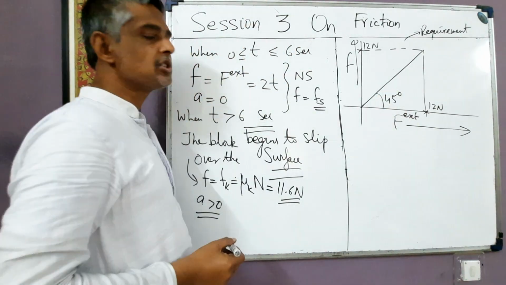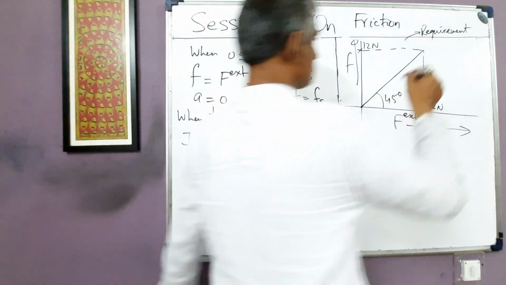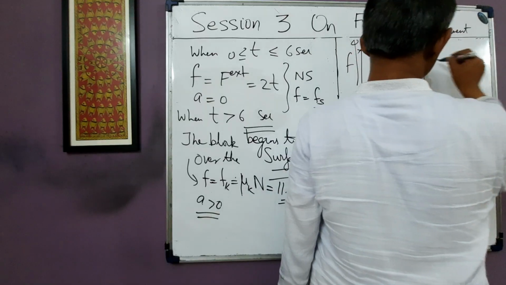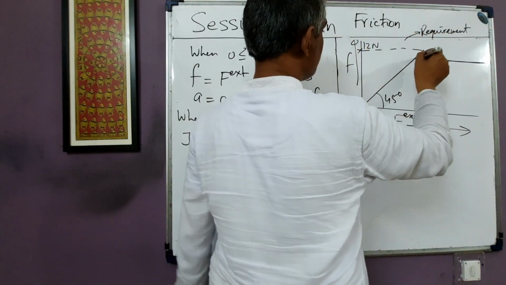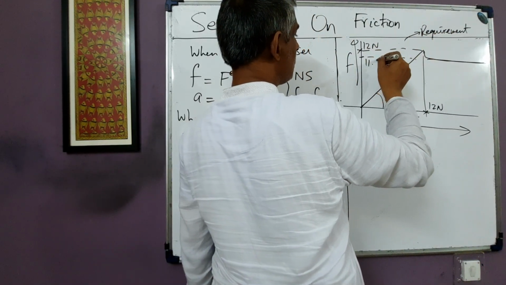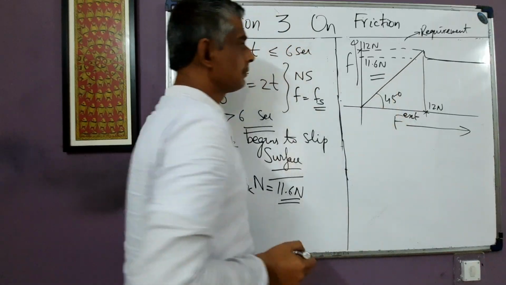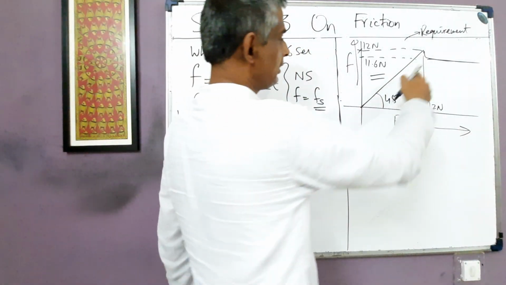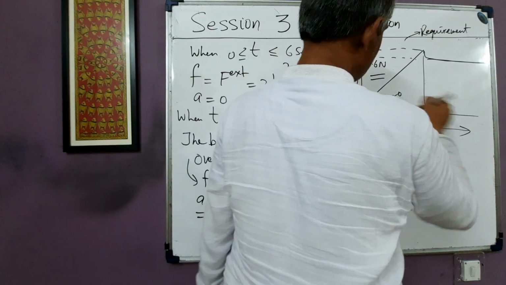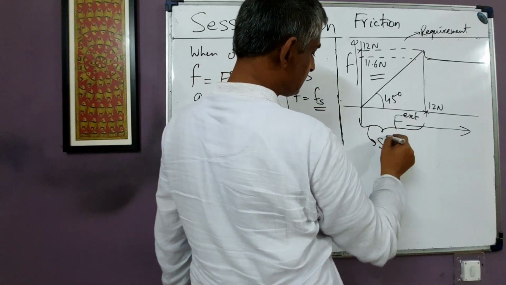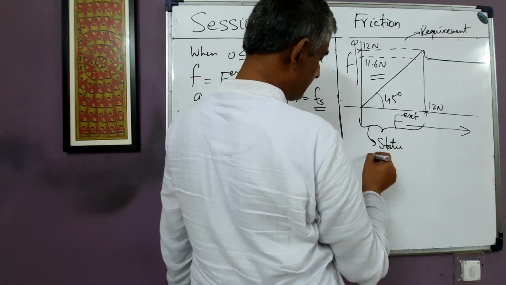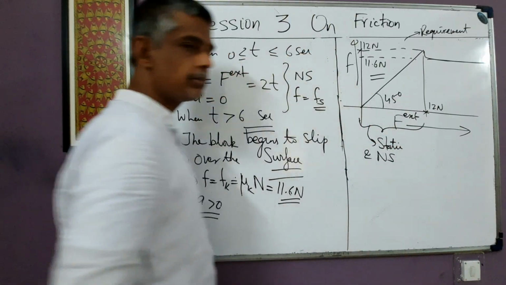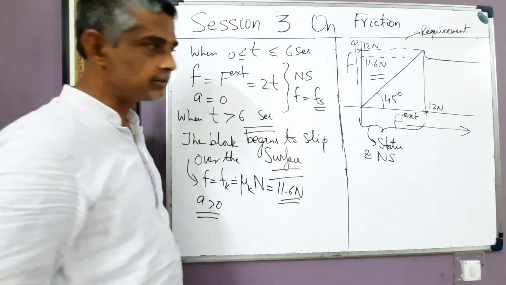And the nature of friction changes from static to kinetic. After that, friction remains constant at 11.6 Newton. So in this region, f external lying between 0 and 12, the nature of friction is static and there is no slip, NS meaning no slip between the block and the surface in contact.